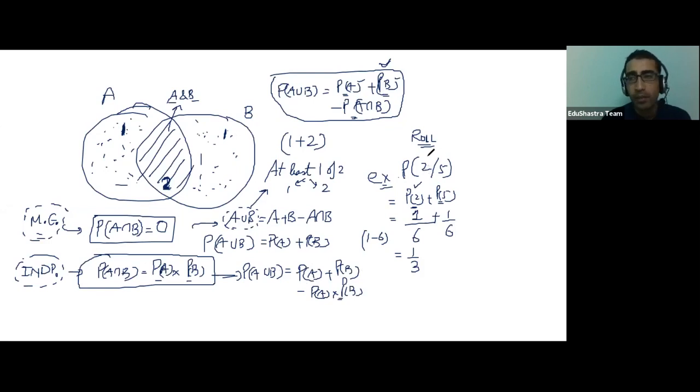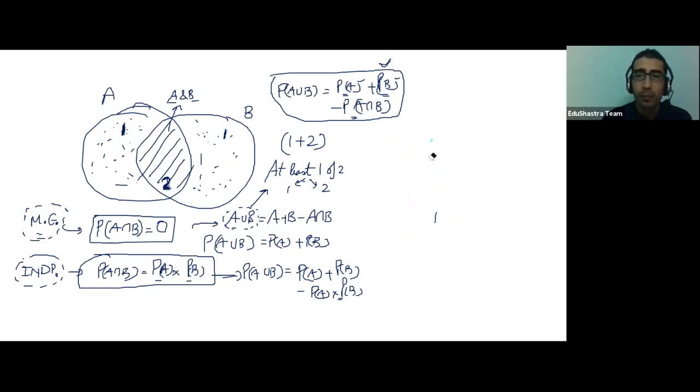Yeah, and to give you an example, what is the probability of getting a 2 on a roll of dice 1, the R1 means roll of dice the first time, and getting 5 on second roll?